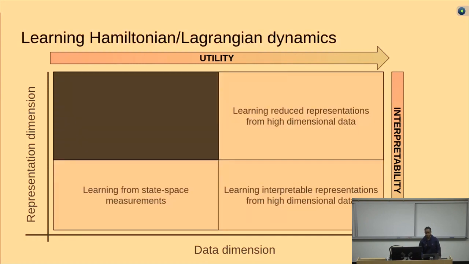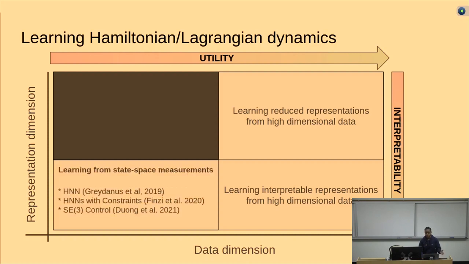So if we divide this space up into quadrants, the lower left-hand quadrant contains models that learn from state space measurements, usually. This includes models like Hamiltonian neural networks and some other variants that incorporate constraints and control. The upper right-hand quadrant contains models that learn reduced representations from high-dimensional inputs where, although the representation learned is reduced in dimension, it's still much higher usually than the dimension of the underlying system.